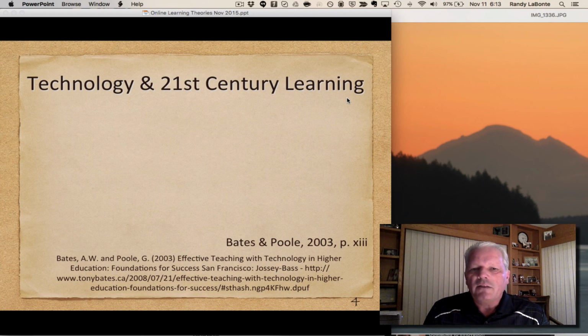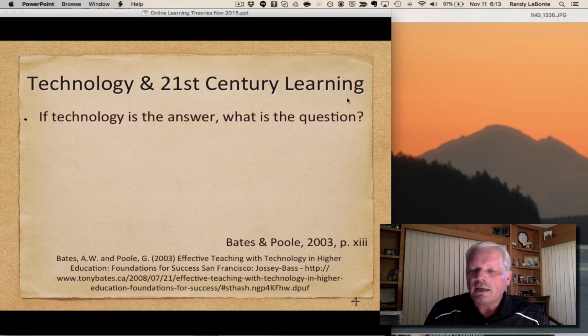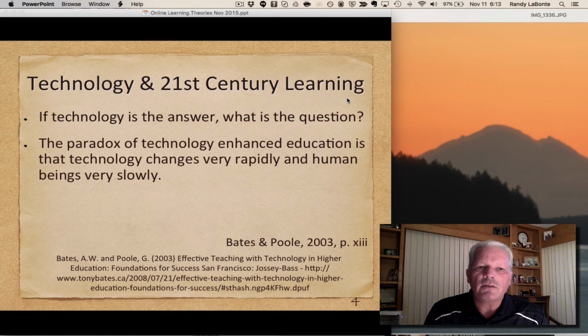So within this, Bates and Poole, I think, have stated it best with the technology pieces: if technology is the answer, what is our question? Why do we need technology? What is the purpose? What is its net gain? How does that work in with our whole conceptual structure around theories and working with education?